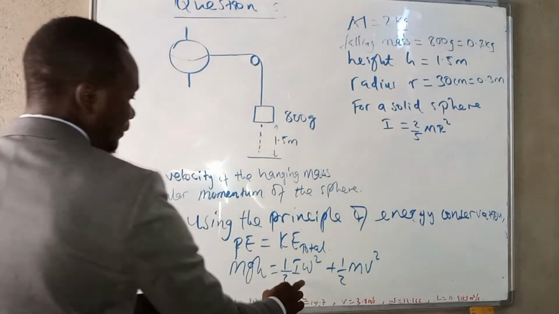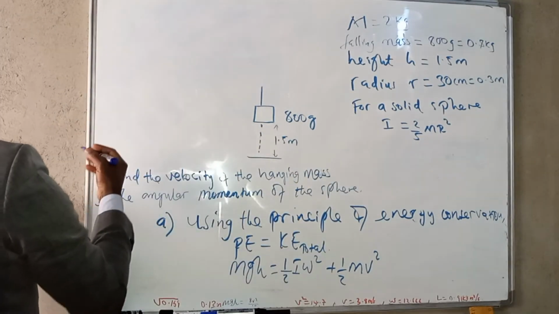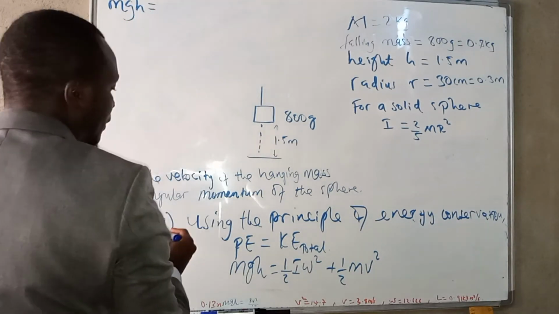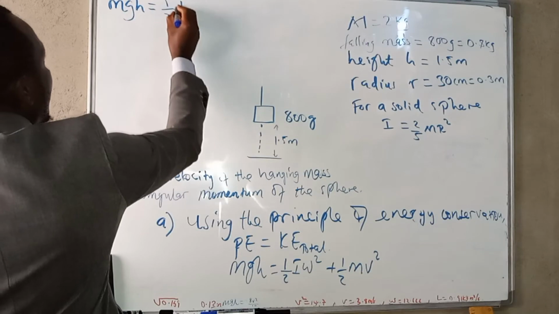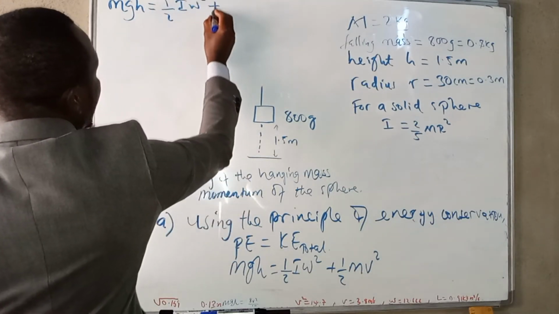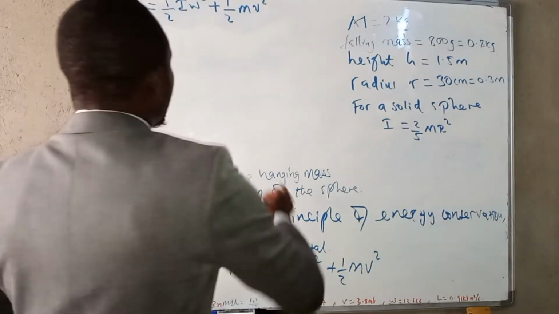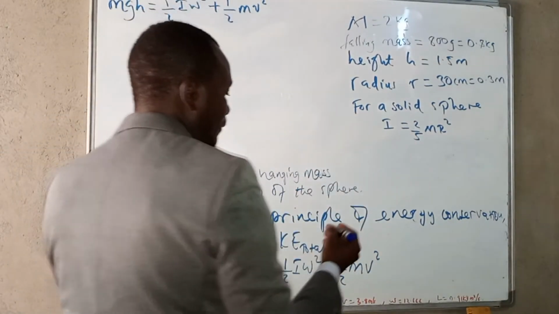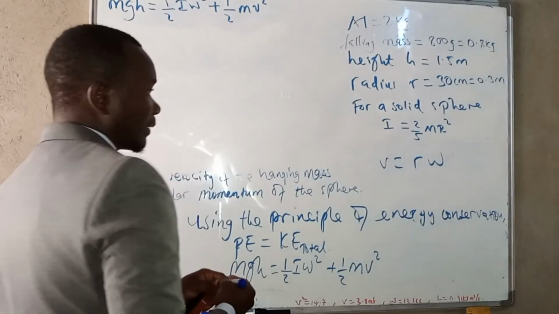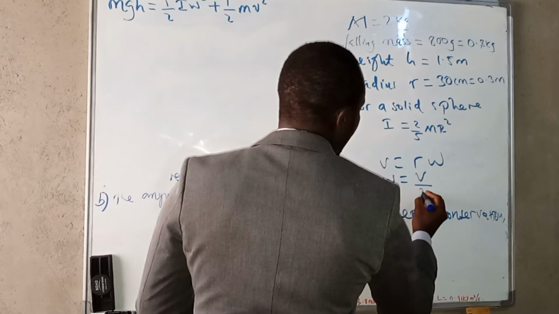We know that I, the moment of inertia, is 2/5 mr squared. So mgh is equal to half I omega squared plus half mv squared. We know that v is equal to r times omega, so omega is v over r.